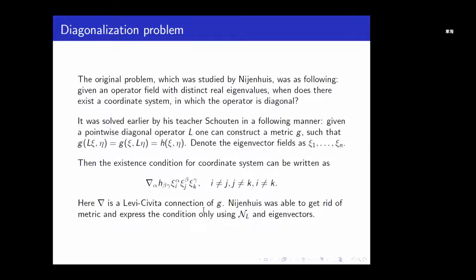Sorry, what's the H here? H is a tensor which is obtained, here it is, after you substitute L into the g. So what is the definition of H? It is just a second matrix.